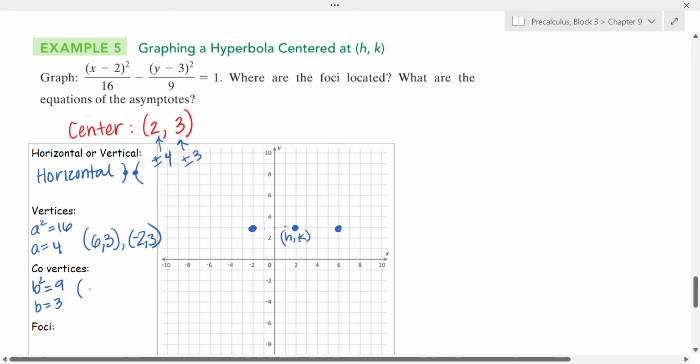So we get a 2, and then add 3 to the Y value, same x value, subtract 3 from the y value. Visually, we go 3 units down and 3 units up. So there's the rectangle that we can draw. Draw your asymptotes.